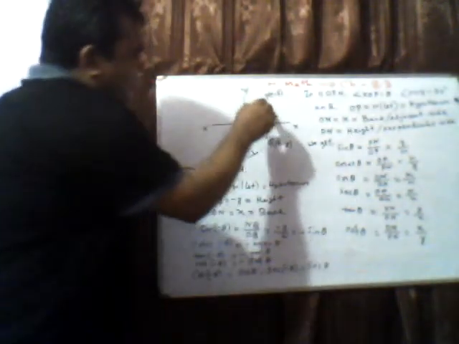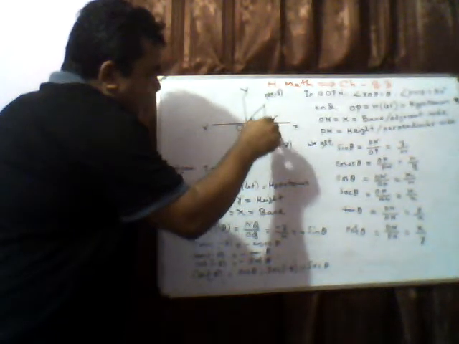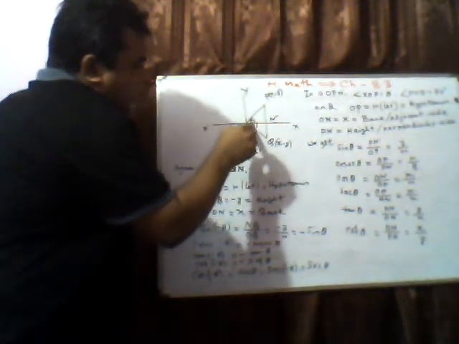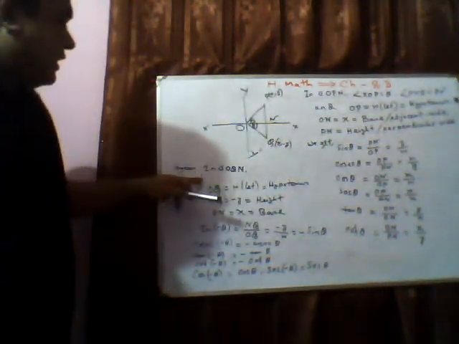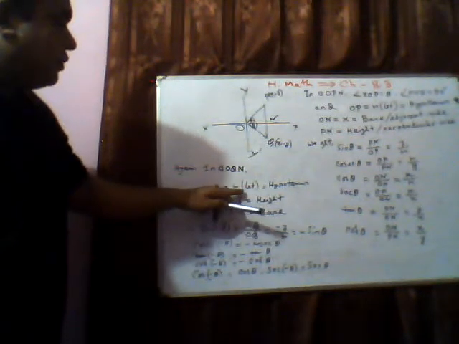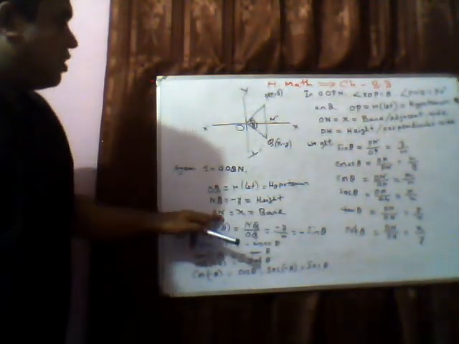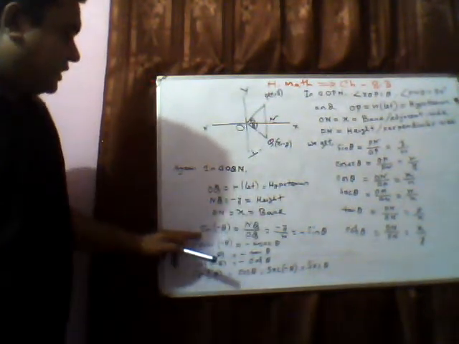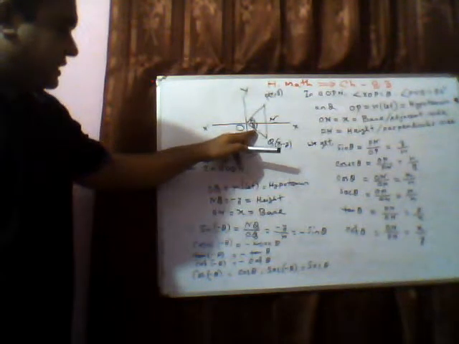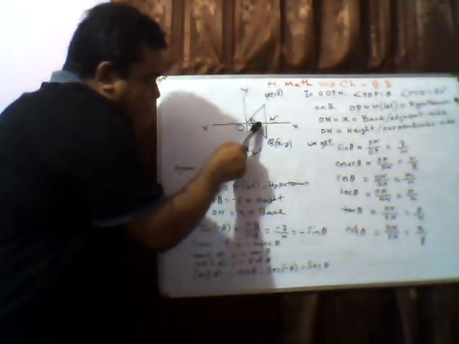Again, we extend PN to Q, so PN equals NQ, and join OQ. Therefore we get triangle OQN, where OQ equals r, the hypotenuse, NQ equals minus y, the height, and ON equals x, the base. Therefore sine of minus theta: because minus theta is in the fourth quadrant, this angle is negative.